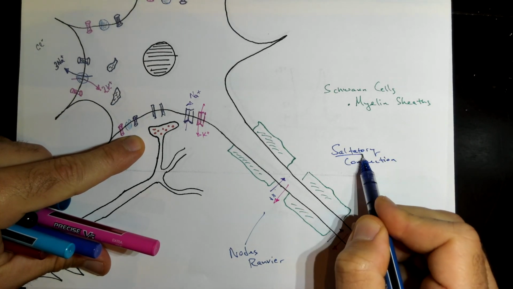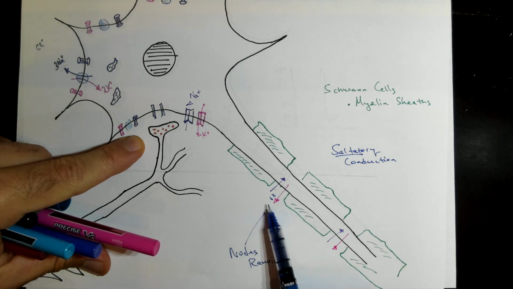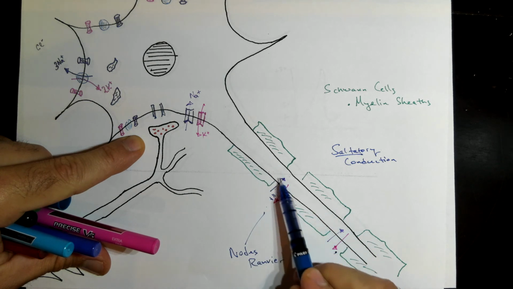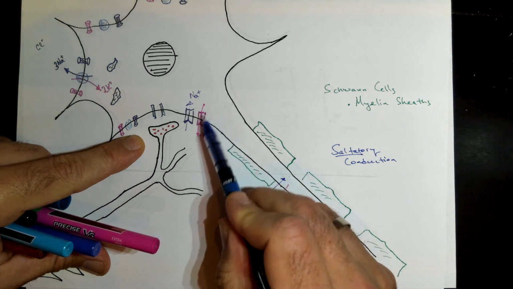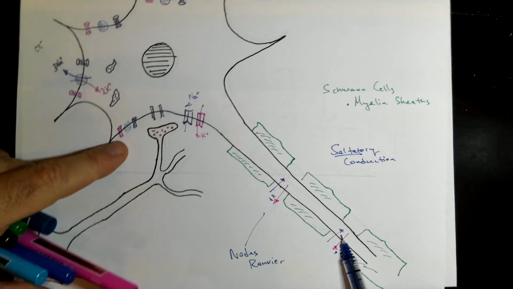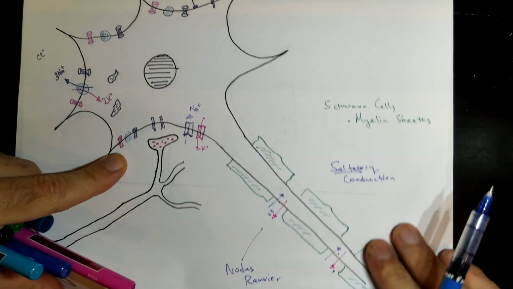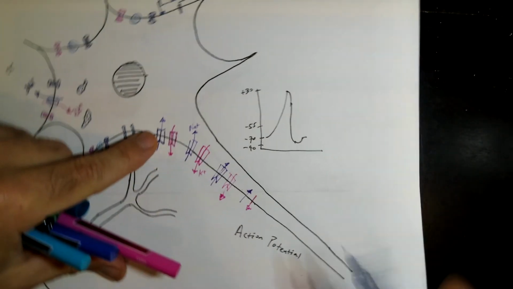Now, the word saltatory just simply means jumping, because you're jumping from one node to the next. So instead of walking the axon, you're jumping over it. All right? So that you're going from this section of it straight to here and straight to there. This is much faster than the previous picture that we showed, which is known as continuous. Right?